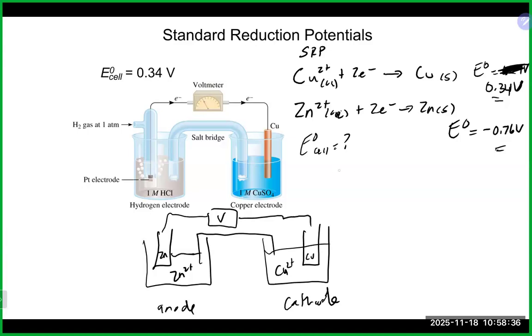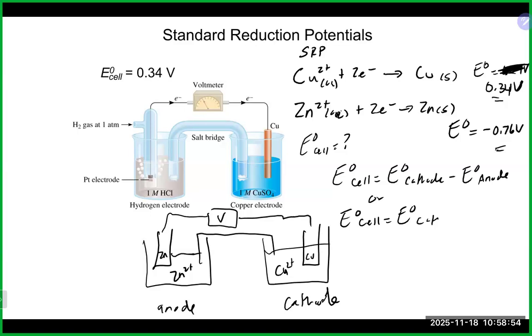So we have those two equations, which is E of the cell is equal to E of the cathode minus E of the anode. And you can do this equation where you add it as well: E of the cathode plus E of the anode. So what is the difference between these two?